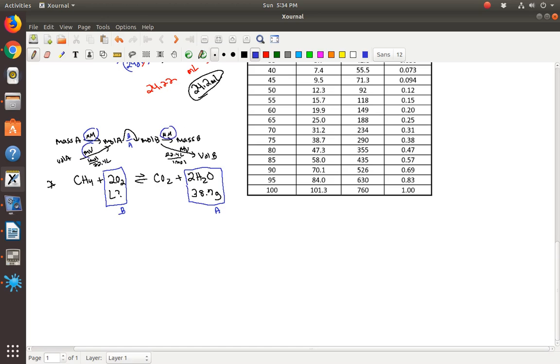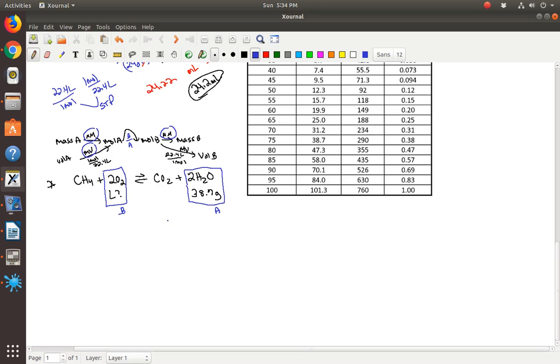Now we're going to use the molar volume, which is 22.4 liters in 1 mole, or 1 mole is 22.4 liters. Remember, this molar volume is only good at STP. You can only use this when you have standard temperature and pressure. So we're going to assume we have standard temperature and pressure because I asked you for the volume.